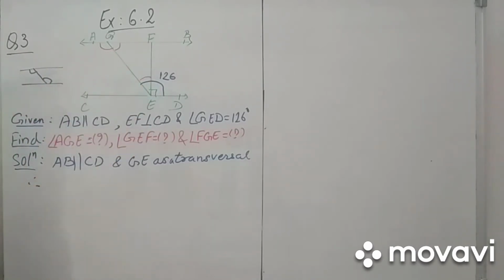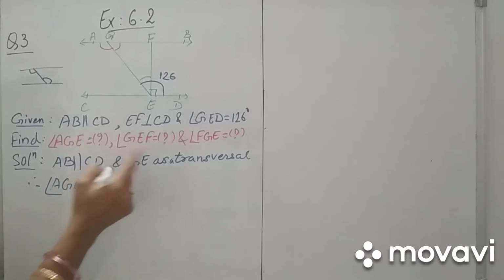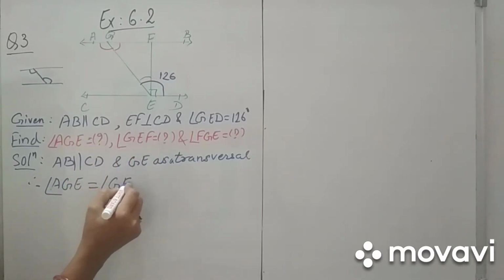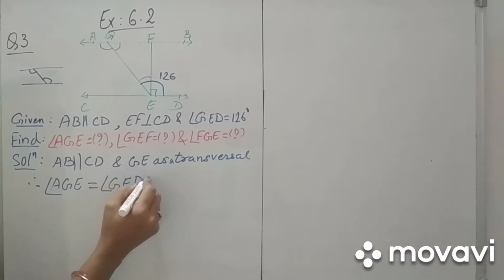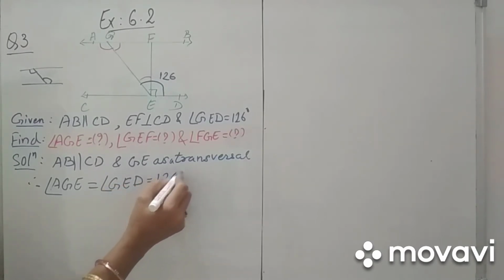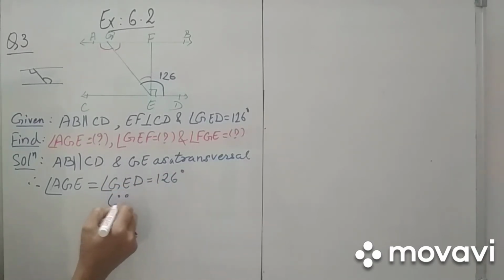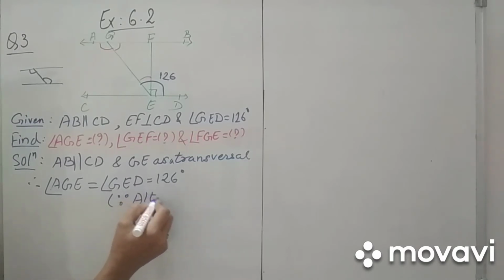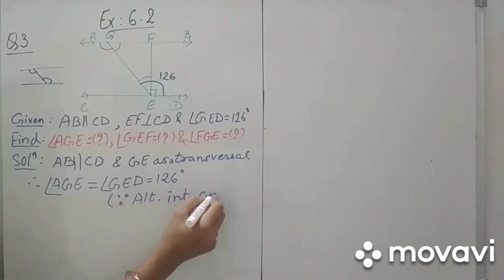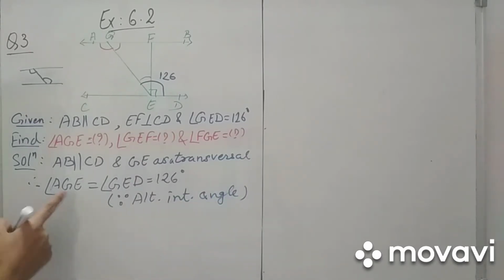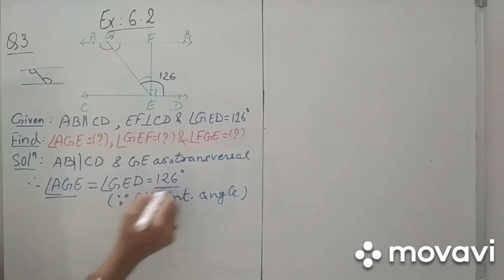So looking at it, you can directly get the idea. Angle AGE is equal to angle GED, which is 126 degrees. Why? Because alternate interior angles. So one thing we got. AGE, its value is this.